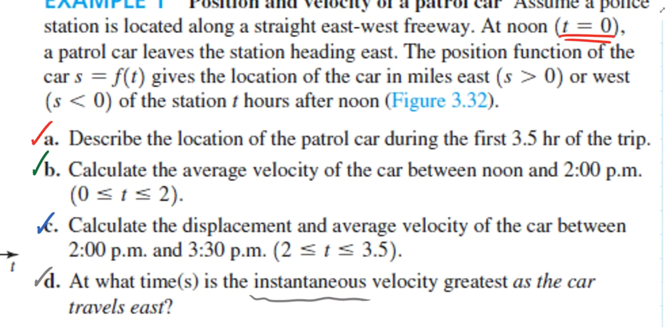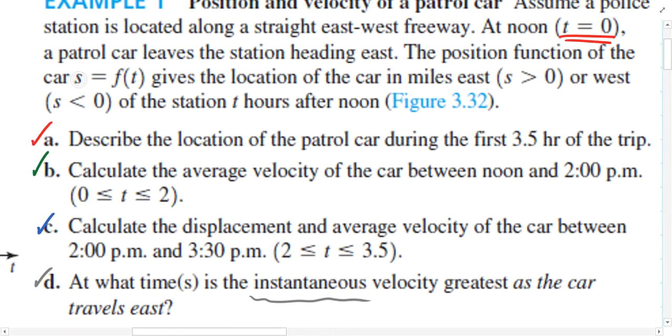The position function, which we don't actually have an equation for, s is equal to some function based on time. As I said earlier this year, s generally stands for position in the world of physics. So s is an equation of position, based on some function of the independent variable time.